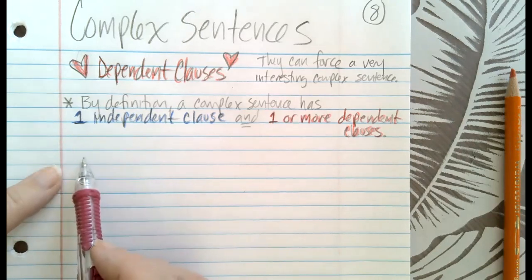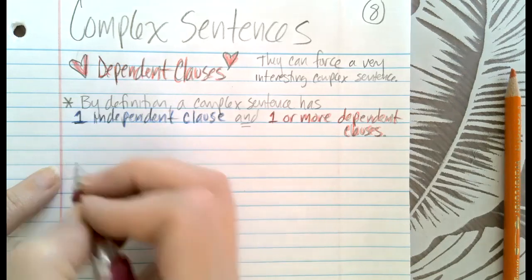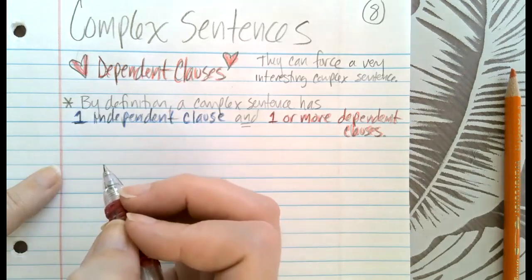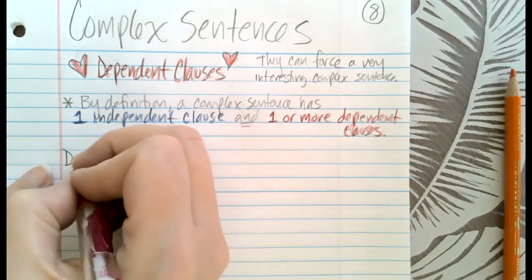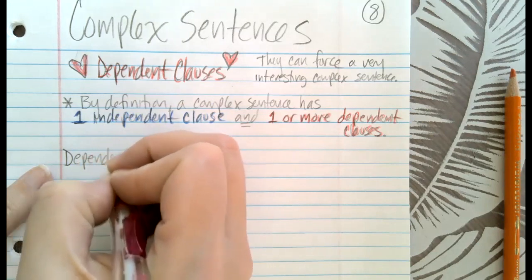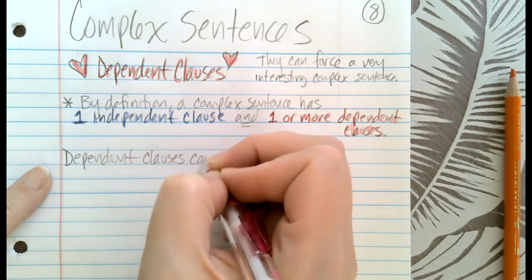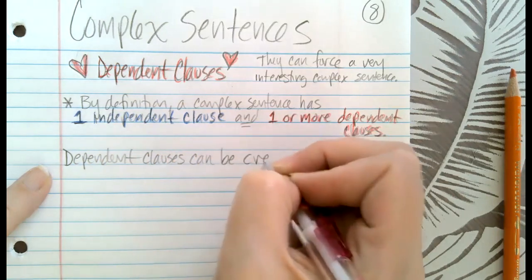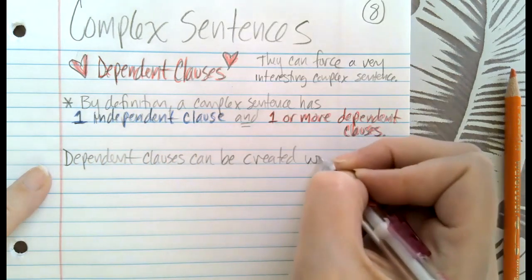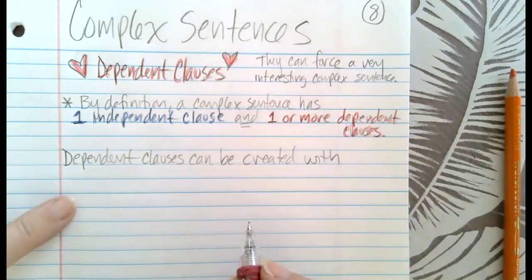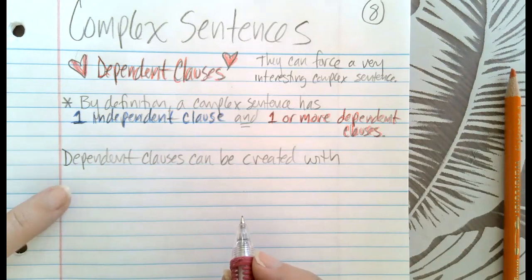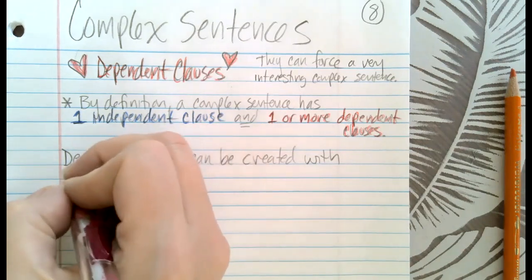So we're going to come down here a couple of lines and we're going to write dependent clauses can be created with subordinating conjunctions at the beginning.